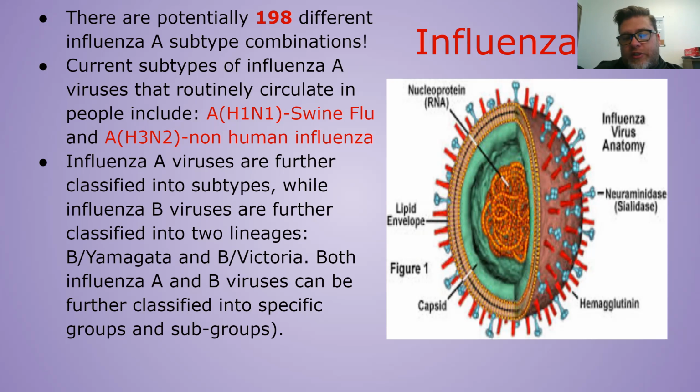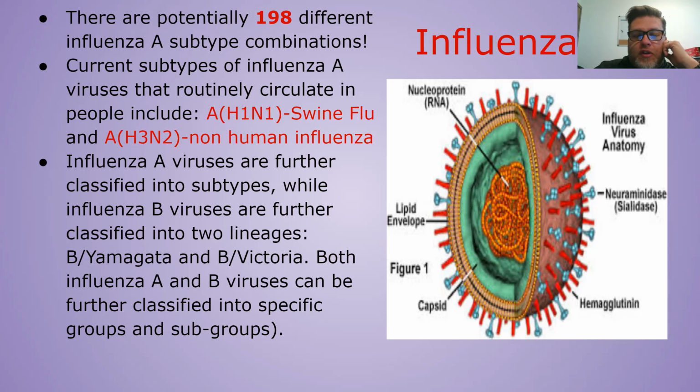H1N1, at least the 2009 outbreak, was thought to have occurred on a pig farm down in Mexico. Pigs were infected with influenza A, the farmers were infected, they passed it on to other people, and that's what started the 2009 H1N1 epidemic.